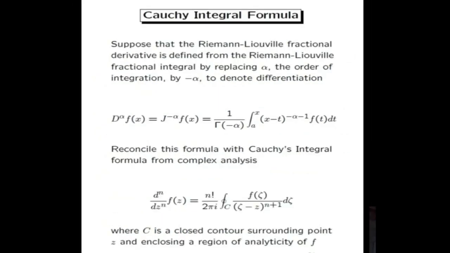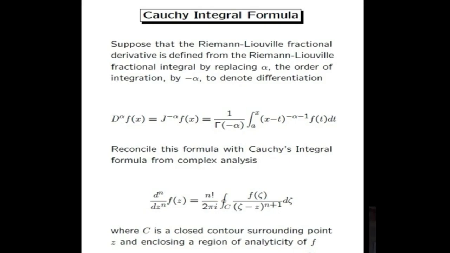So we want to show something similar to which we just saw, and that is the connection between Cauchy's integral formula from complex analysis and our definition of the integral operator and derivative operator in the Riemann-Liouville sense. Okay, so suppose we obtain our fractional order derivative operator by replacing the order in the Riemann-Liouville integral operator with negative alpha, so that we denote differentiation.